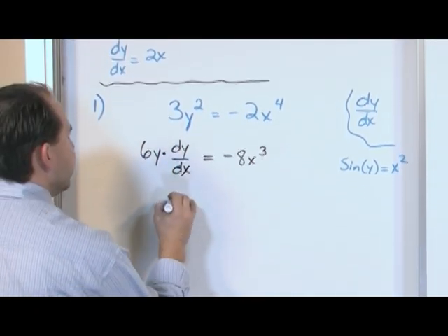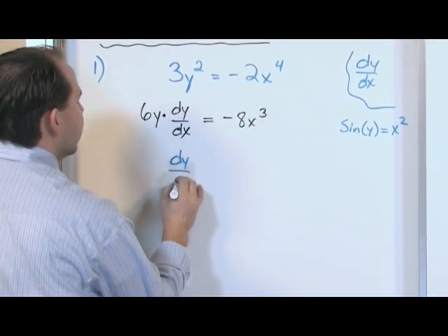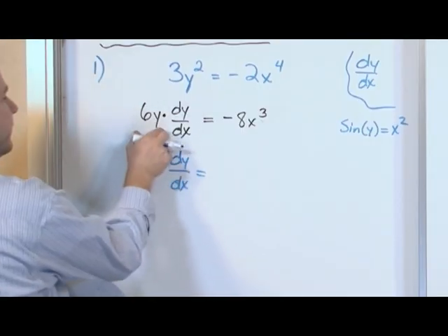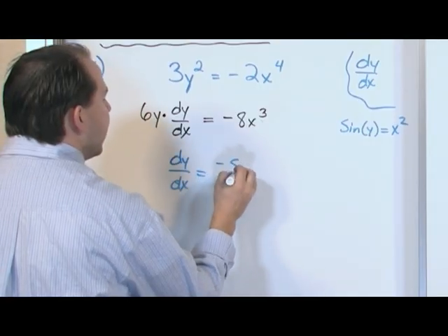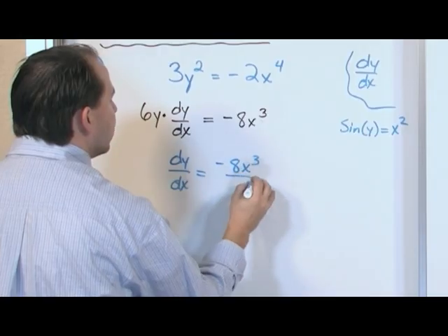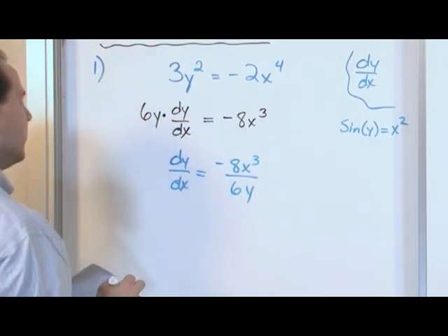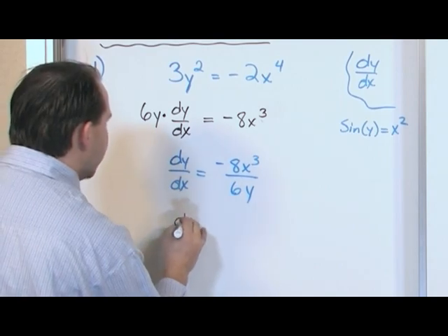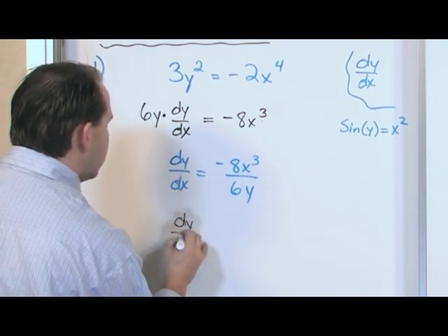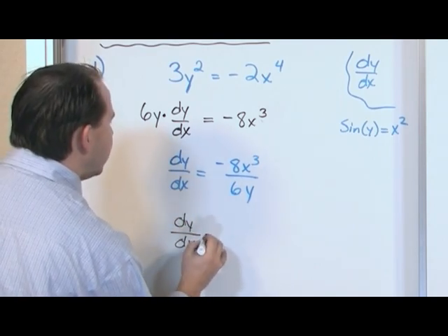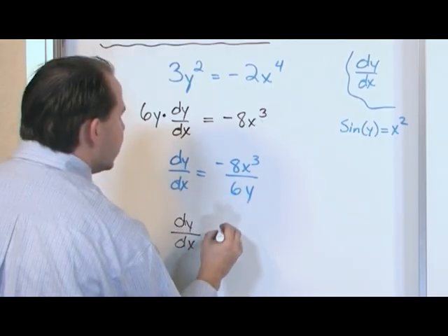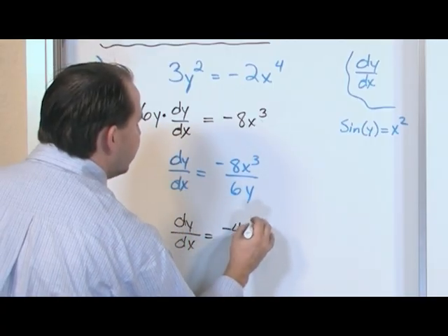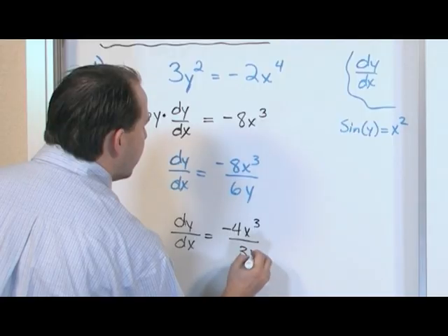So dy dx is equal to, when we divide by 6y, negative 8x cubed over 6y. And so ultimately our final answer is going to be, when we simplify this fraction, dy dx is equal to negative 4x cubed over 3y.